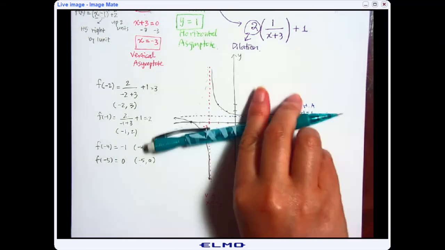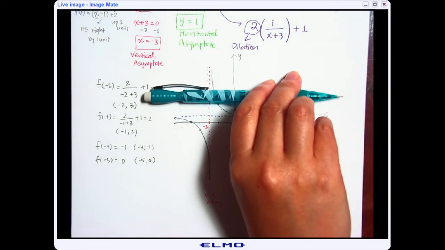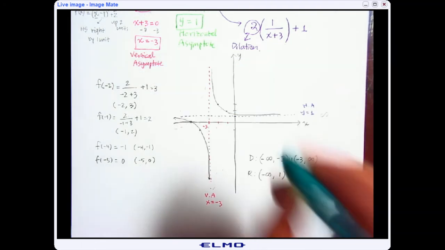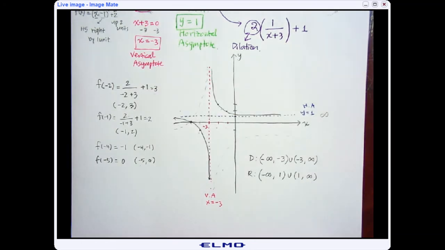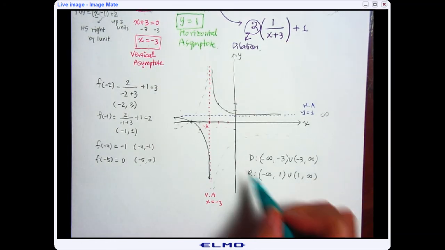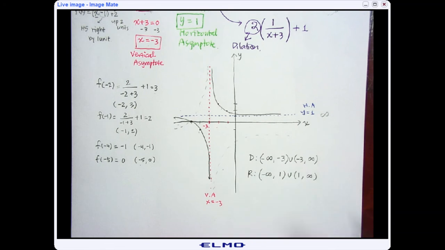And after 1, it's guaranteed continuous up to +infinity. And now for this graph, our domain and range would look like this. Okay. Any question? Good.